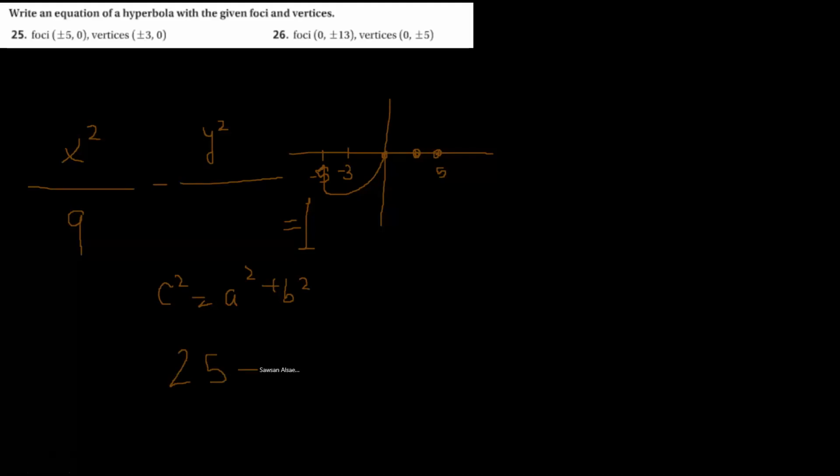Yes, it's true, it's 16, if you put it as 25 minus 9.